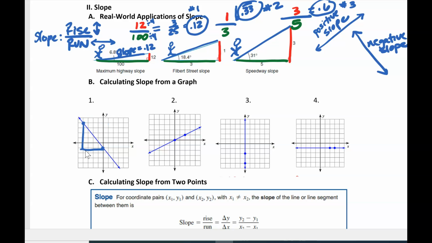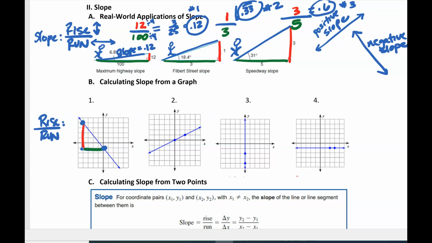And just like we did before, if you want to, I'll even do these in different colors, we've got a horizontal distance and we have a vertical distance. And so we can do rise over run. So the vertical, starting from one point going to the other. So actually, you know what, we'll start at this point right here.